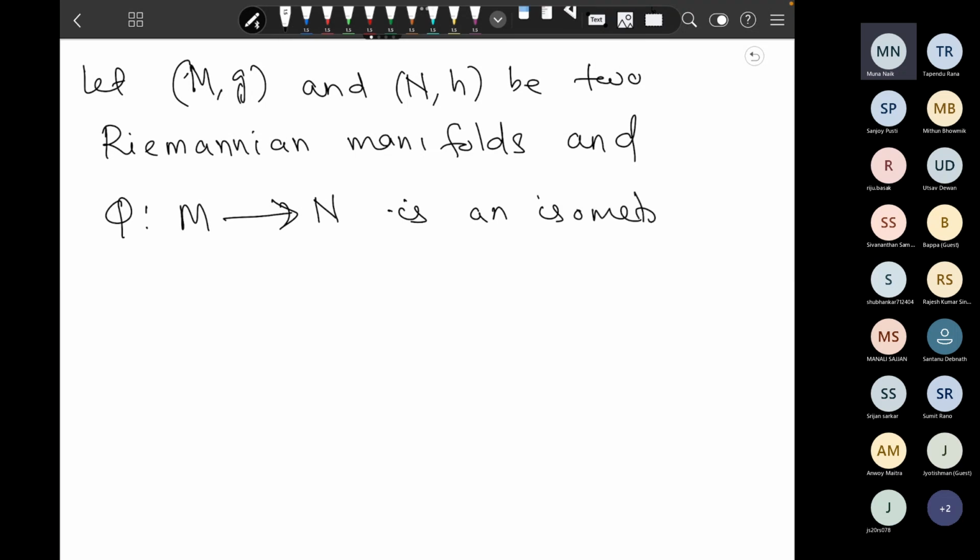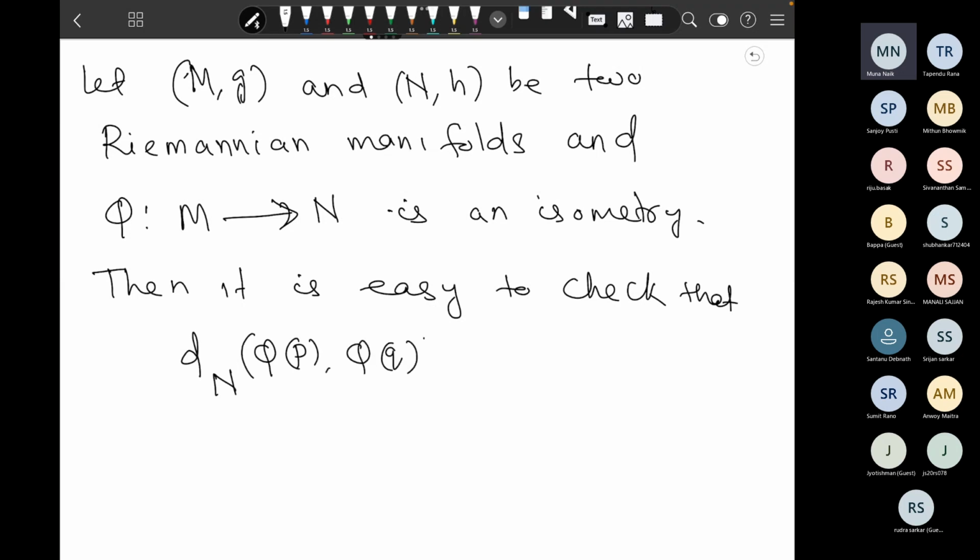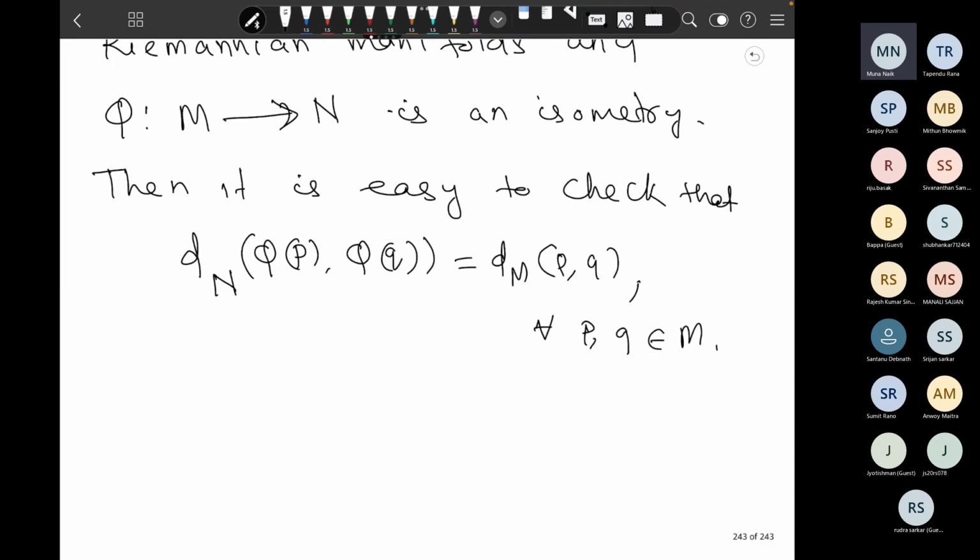Then it is easy to check that phi will preserve the distance: d_N(phi(p), phi(q)) is equal to d_M(p, q). This will follow from the definition, but the converse is not trivial. The converse is also true.